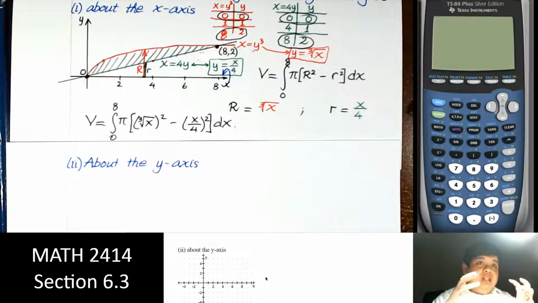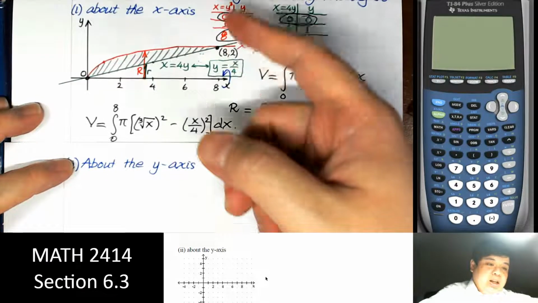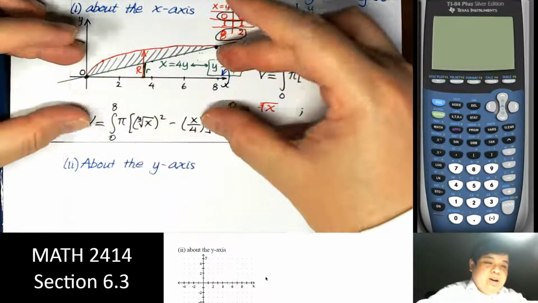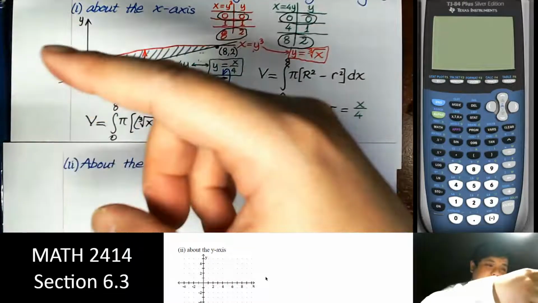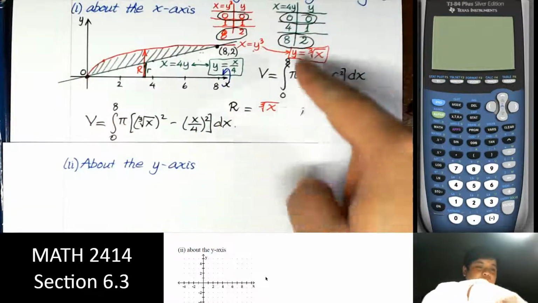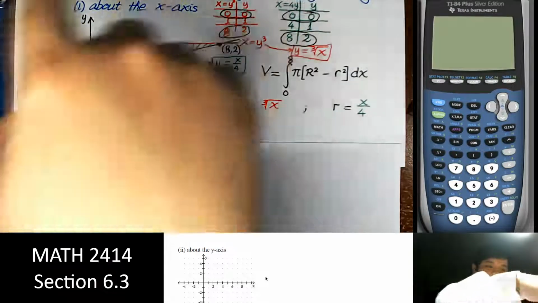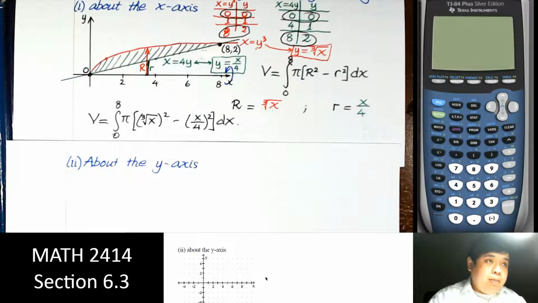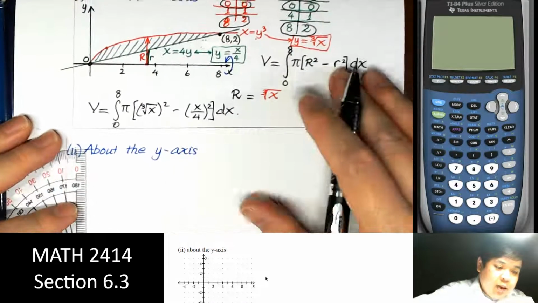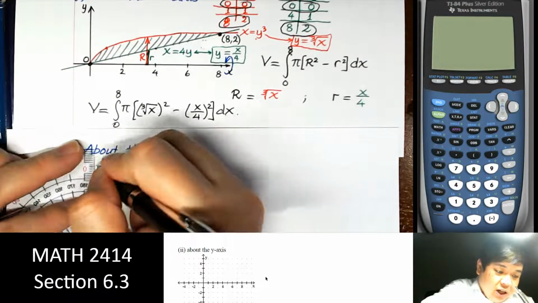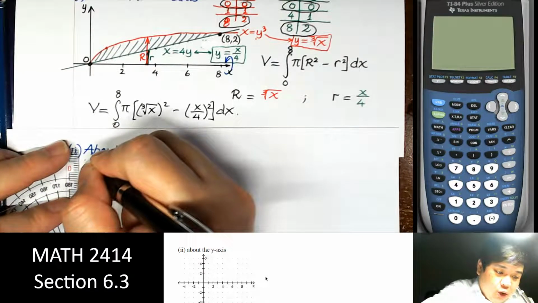Think about this. If we rotate about the x-axis we get one shape, but now we rotate about the y-axis, it swings to the left and right. That's certainly different. But the region script R is going to be the same.